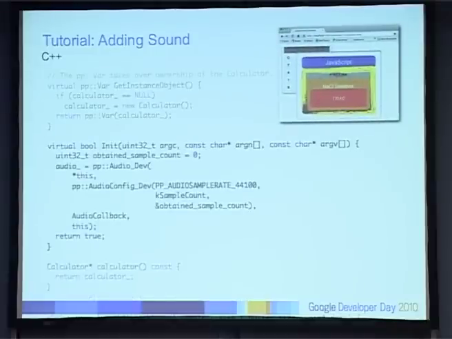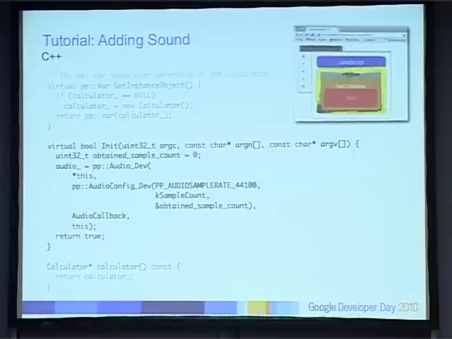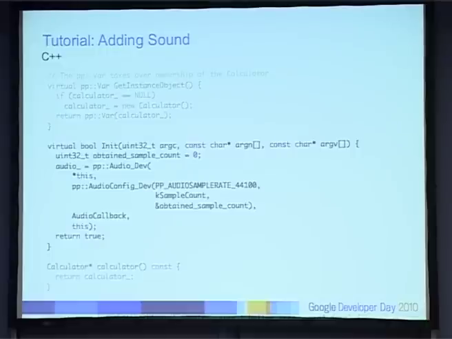Okay, so here's how we actually add the audio in. Using the Pepper API, inside of my calculator instance, part of its startup is that it gets an init method called on it from the browser. And inside that init method, I say I want a new audio device. And I give it my audio callback.